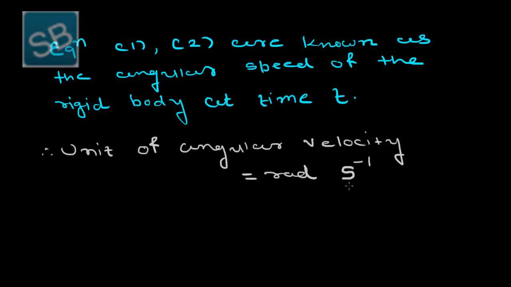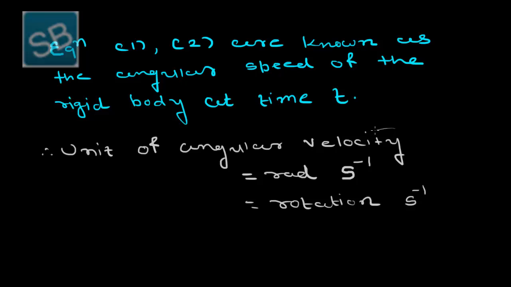So I can write its unit as radian per second, or you can say rotation per second. So both are units of angular speed, or we can say angular velocity.